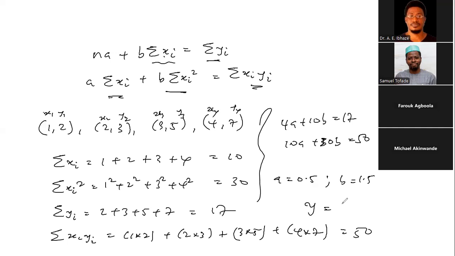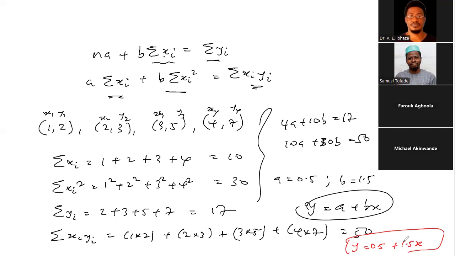We already know the linear least squares is given as a plus bx. So once we plug in those parameters, y will be 0.5 plus 1.5x. That's the least squares approximation. So this is pretty straightforward, and then we can evaluate the error and check whatever we want to do.